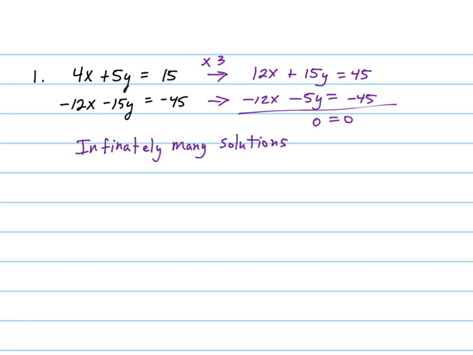So both of these equations are equivalent. I'm going to take the easier of the two, the more simplified of the two. Smaller numbers is really all that we're looking at here. And I'm going to solve for x. So we'll get 4x equals negative 5y plus 15.